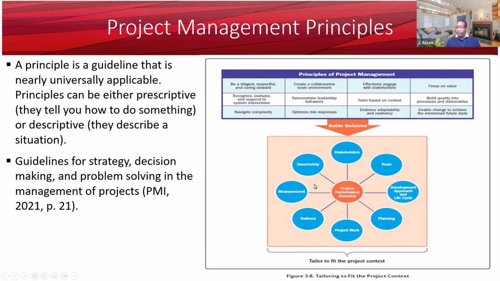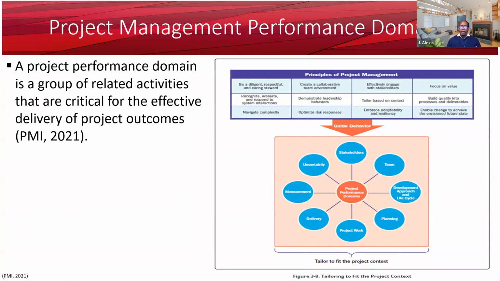Now, what the performance domains are is listed here, and you may be asking yourself, what is a performance domain? So a performance domain, according to the PMI, is a group of related activities that are critical for the effective delivery of project outcome.